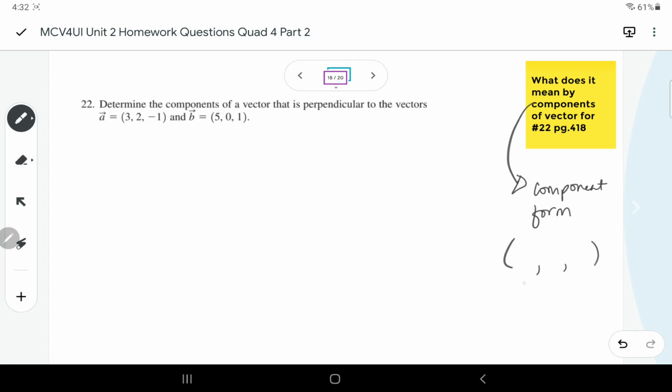So it just wants the X, the Y, and the Z components. So your answer here is just going to be A cross B, and just write the answer in component form. But yeah, sometimes extra wording, if it just said determine a vector, sometimes that's less confusing, I think.